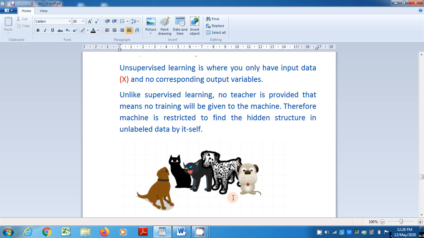These are the images that we are supplying to the machine. There is no label for these animals, but the machine itself has to find the hidden structures in the data by itself. Unlike supervised learning, there is no teacher to provide training to the machine. Therefore, the machine is restricted to finding the hidden structure in unlabeled data by itself.